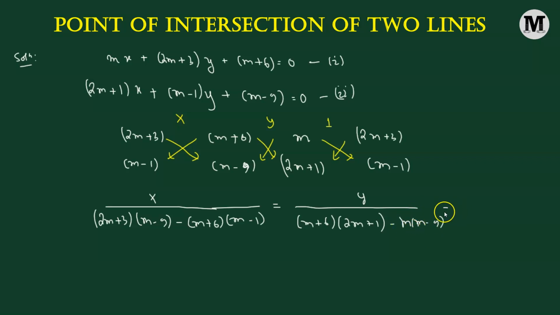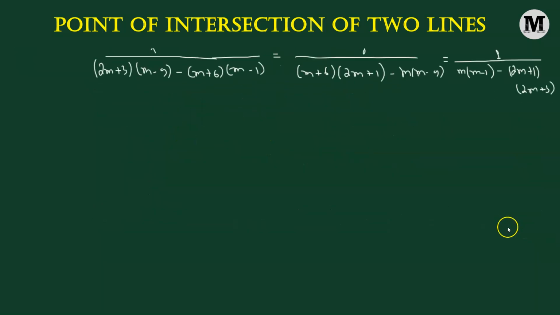And that equals 1 divided by m times m minus 1, minus 2m plus 1 multiplied by 2m plus 3. Okay, so let's further simplify.